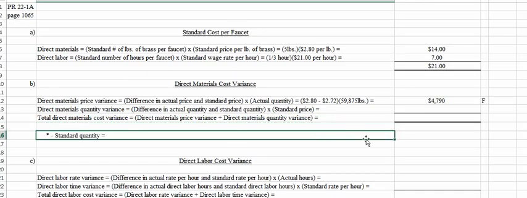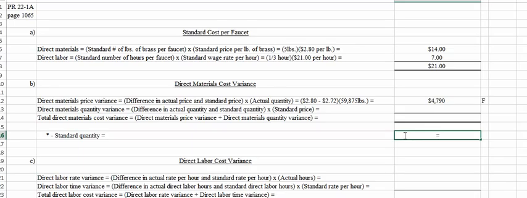Alright, and we'll bring it out here. Our standard quantity would be equal to standard number of pounds of brass per faucet is 5 pounds times standard price per pound of brass is $2.80.